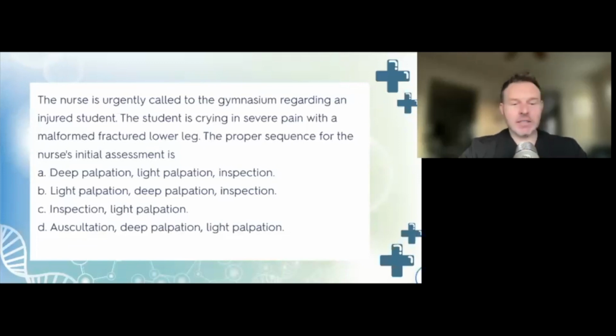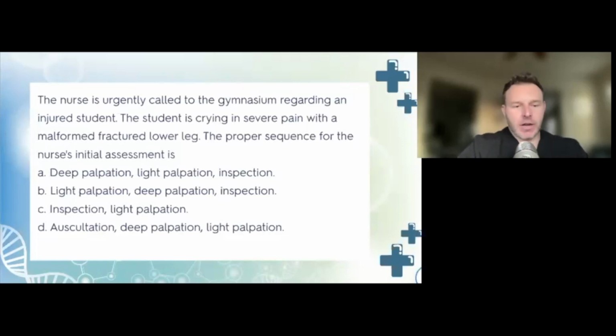Okay, so the correct answer for this one, of course, is going to be C. So we're going to inspect this site first. We're going to look at it, and then we are going to lightly palpate after that to look for areas of tenderness, moisture, and texture. Deep palpation is something that we're going to do if we're looking at organs.